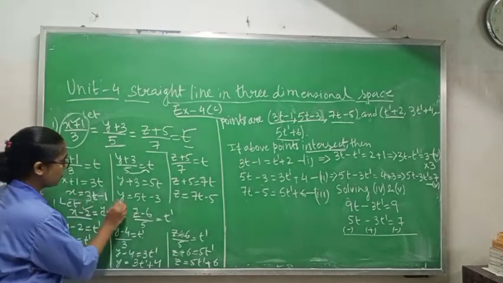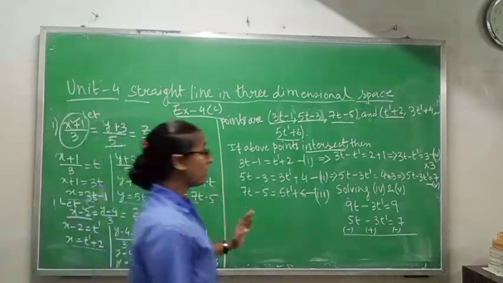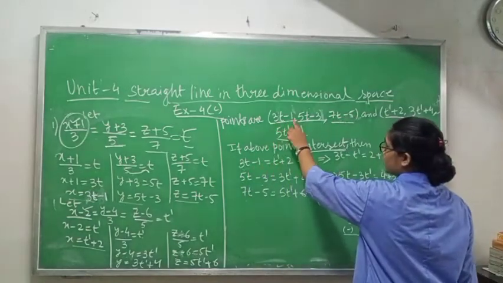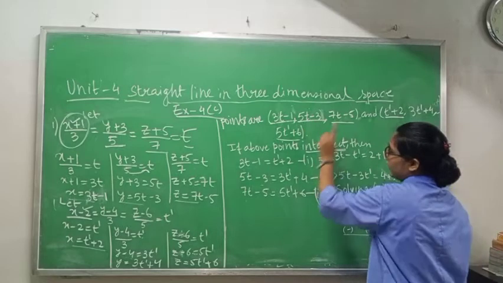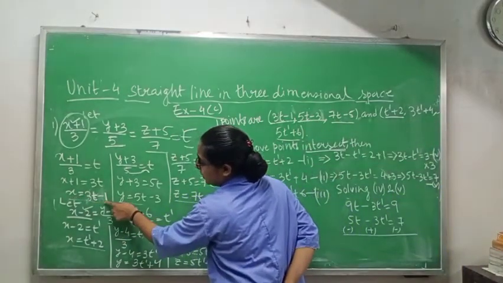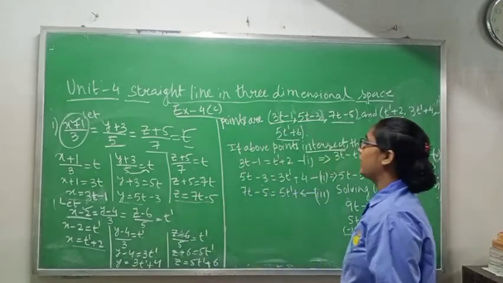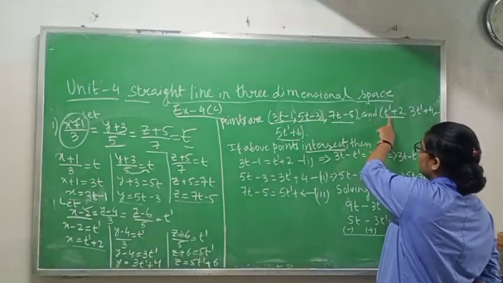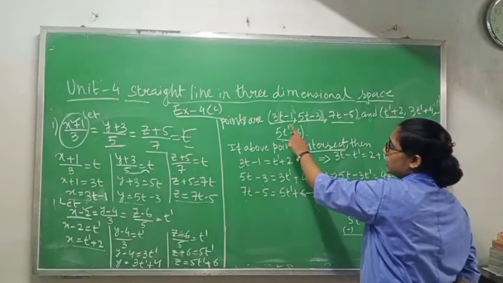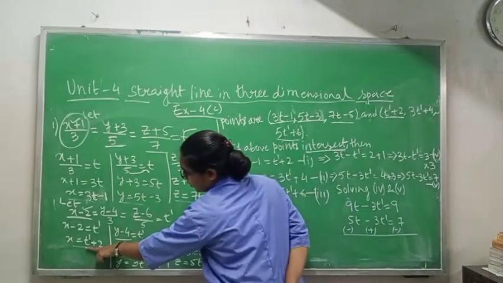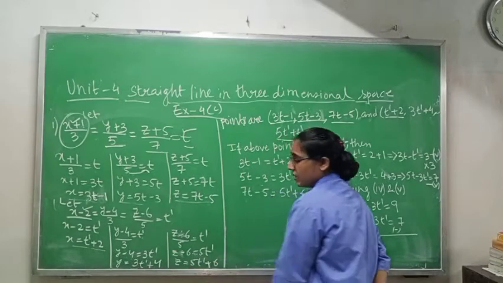We are getting x, y, z values here, and x, y, z values here. Means the points are (3t minus 1, 5t minus 3, 7t minus 5). X value is 3t minus 1, y value is 5t minus 3, z value is 7t minus 5. And the next point is (t dash plus 2, 3t dash plus 4, 5t dash plus 6).